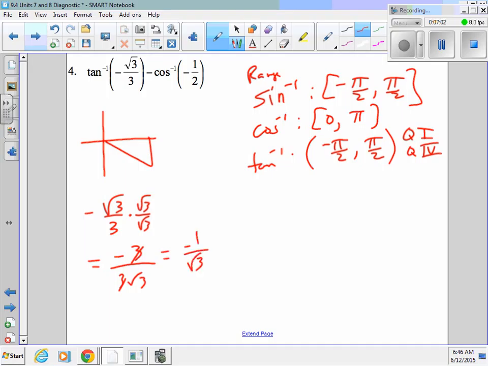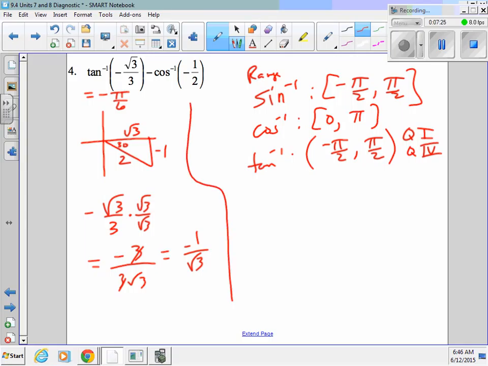And I hope you realize that if I put a reference angle of 30 here, negative 1 over radical 3 gives me the proper tangent in the fourth quadrant. So this guy is negative 30 degrees. I asked you to report the answers in radians, so this guy up here is negative pi over 6.